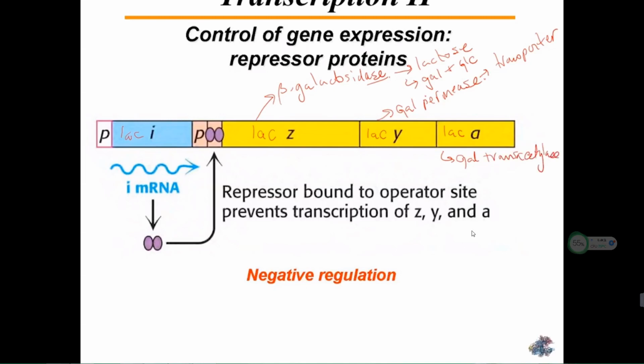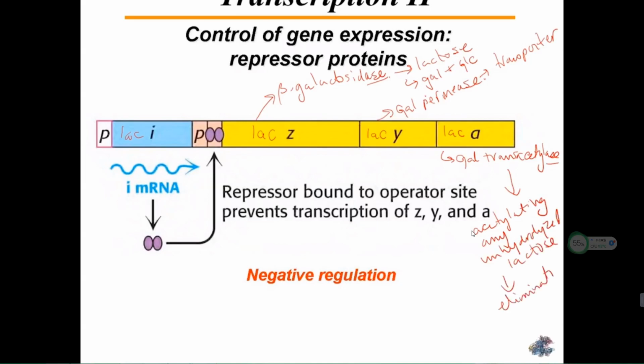And again, it's an enzyme, and it's responsible for acetylating any unhydrolyzed lactose in the cell, and that will lead to its elimination.